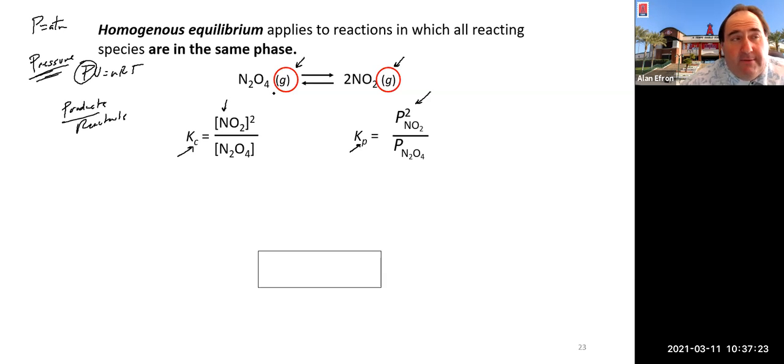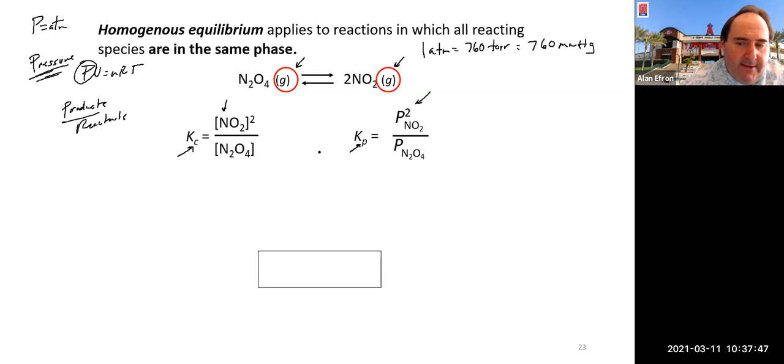Later on, we're going to talk about doing some equilibrium calculations from initial conditions, and you'd usually want to make sure your pressure is in atmospheres. So just a reminder here, 1 atmosphere is 760 torr and 760 millimeters of mercury.